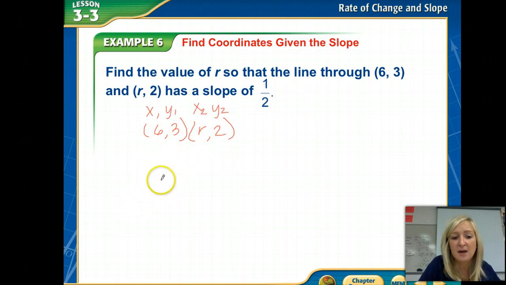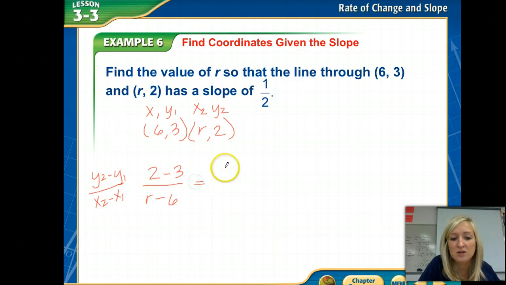So I'm going to set this up and I'm going to say 2 minus 3 all over r minus 6. I followed the rules, y2 minus y1 over x2 minus x1. And I'm going to set it equal to a slope of 1/2.